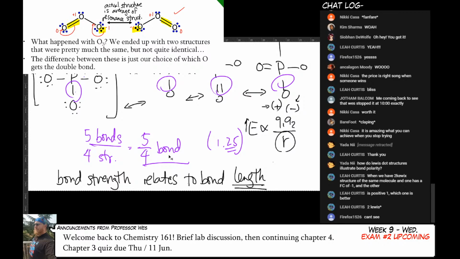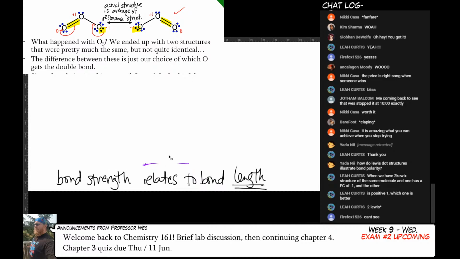So single bonds are longer. Double bonds are in the middle, and then triple bonds are shorter.